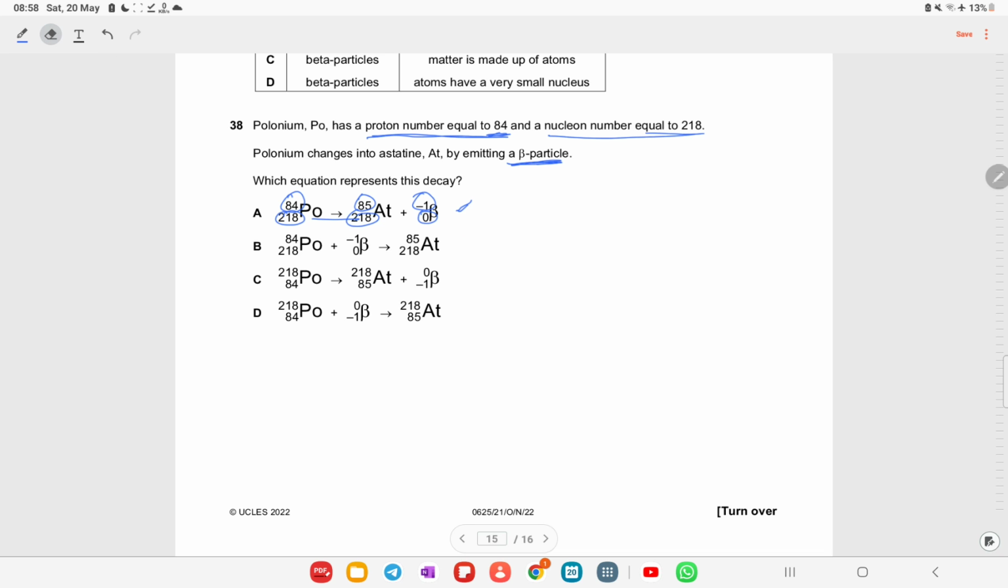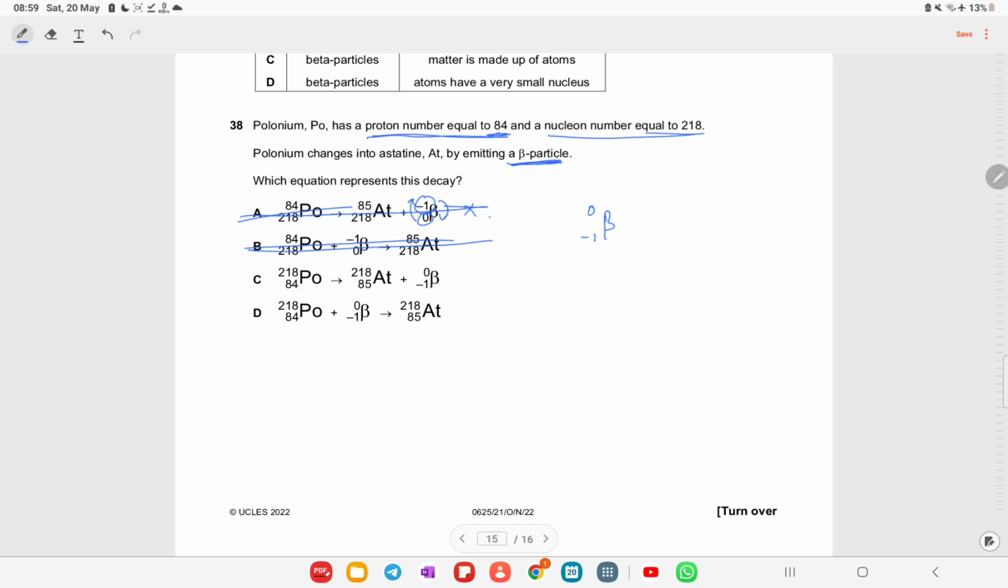But for the beta particle, this is wrong, because for beta particles it is going to be 0 and -1. So the numbers have been changed, which is wrong. So option A cannot be a possible answer.